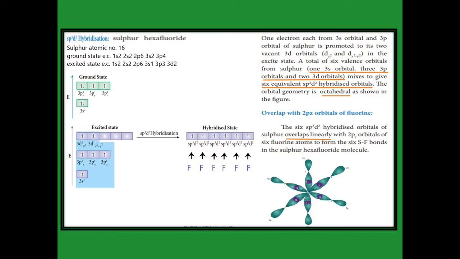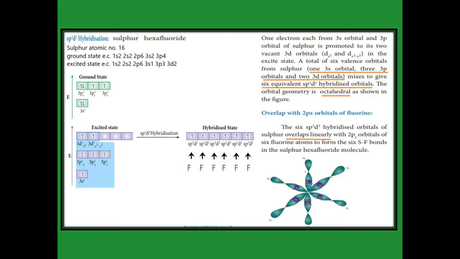In the same way the 3px orbital contains 2 electrons, and one of the electrons will go to the 3dx squared minus y squared orbital. So totally in the excited state, how many orbitals are there: 3s 1 orbital, 3p 3 orbitals and 3d 2 orbitals. So totally we have 6 orbitals.